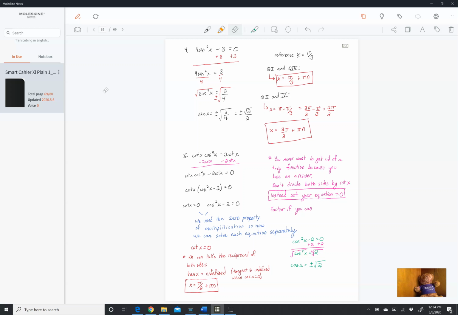How do we know there's no solution? It's outside the range of cosine, okay? There is no x value that you could plug in that'll give you plus or minus square root of 2. That's because square root of 2 is greater than 1. And cosine is a number that's less than or equal to 1. Okay, so there is no answer. Cosine of x must be less than 1.